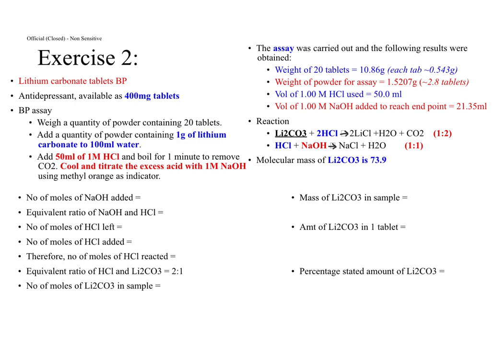Now let's perform the calculations step by step. We can find the number of moles of sodium hydroxide added by taking the concentration of sodium hydroxide times the titer volume. So that's 1.00 molar times 21.35 ml, but we have to convert this to liters, so divided by 1000.